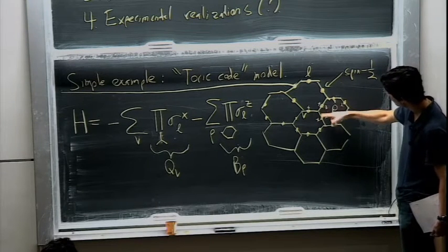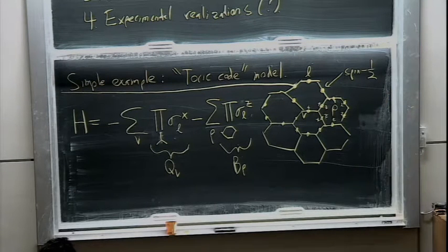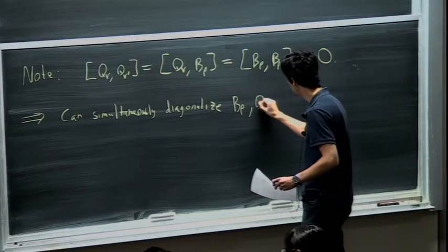And since they overlap in 2 places, they will commute. Okay, so since they all commute, that means we can simultaneously diagonalize them. So we'll simultaneously diagonalize all the QV and BP operators.